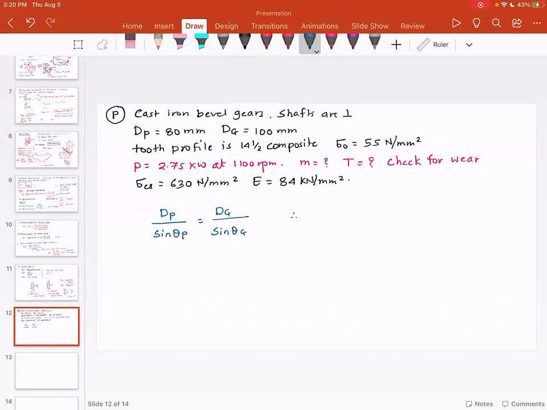We also know, since both these gears, the shafts, are perpendicular, theta p is equal to 90 degrees. So now we have two equations and we have two unknowns, 40, 50 divided by sine theta g.